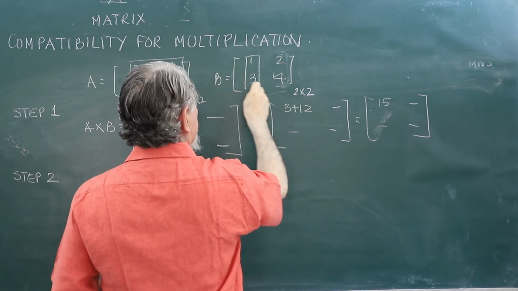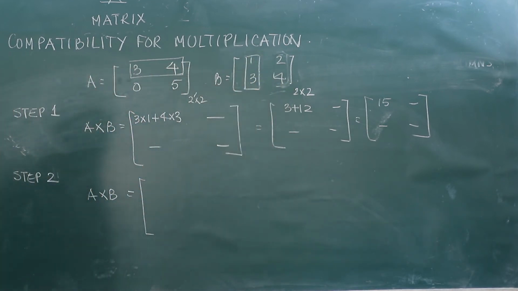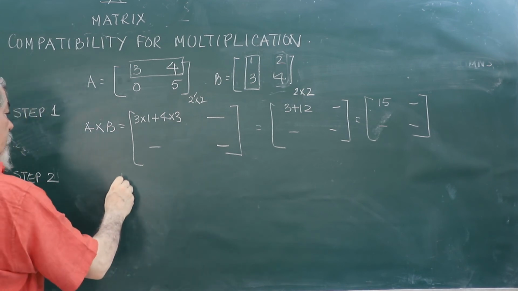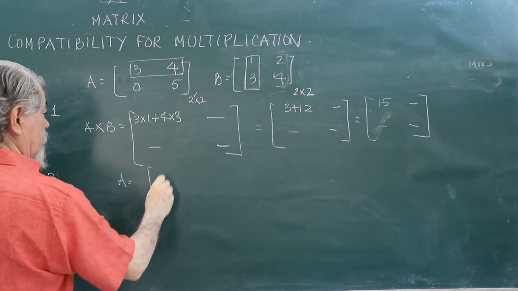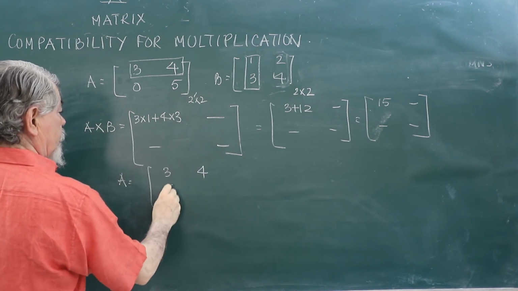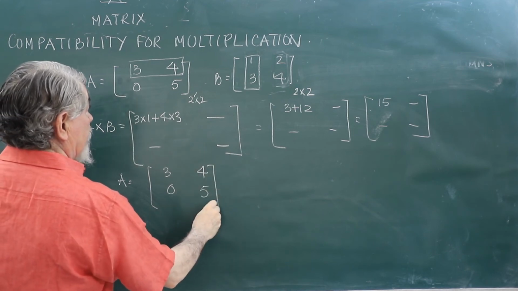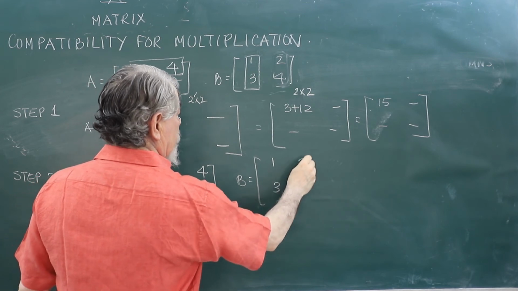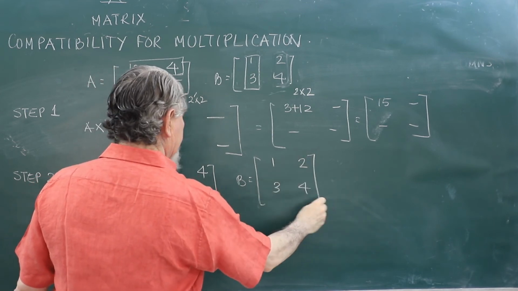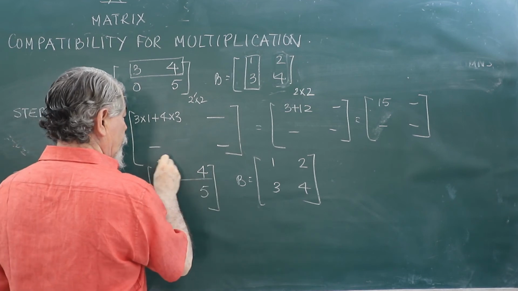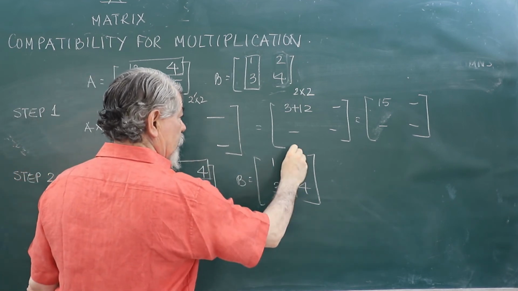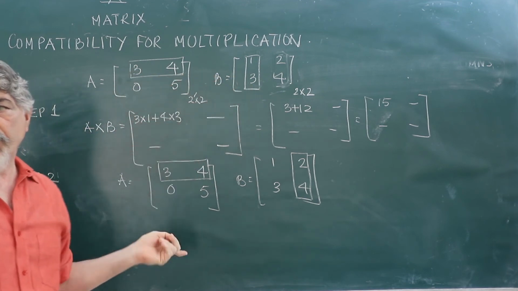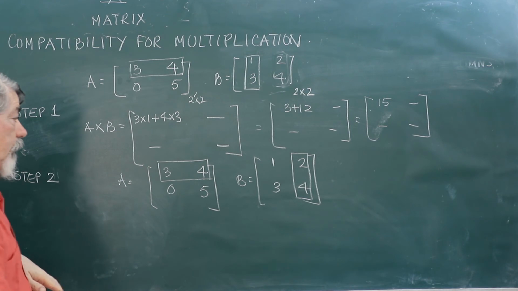First row, first column here. Now in the next step I will write again A and B. A is 3, 4, 0, 5, and B is 1, 3, 2, 4. In the second step we are saying first row and second column. Here it was first row, first column. Now first row into second column.